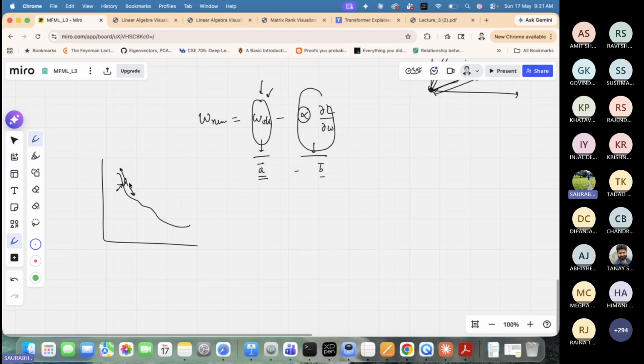Gradient descent tells you the direction: it is the derivative dL by dW, the partial derivative. And how far you should move is alpha, how much you want to separate the second vector from the first one. The first vector is that point, and how far you move is the difference from that point. That's why you are taking a vector minus b vector in gradient descent. It's almost similar, but slightly different.